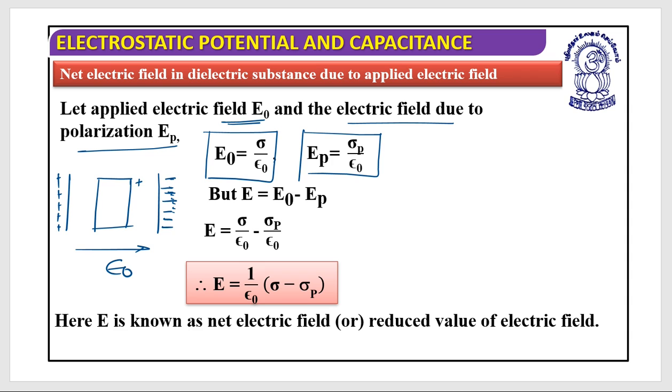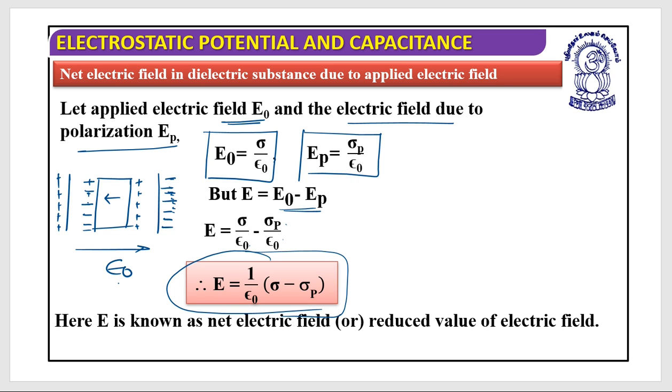The induced dipole moment would be in this direction. As these two have different directions, I need to subtract the electric fields because it is a vector quantity. So E is equal to sigma by epsilon naught minus sigma p by epsilon naught, and the net electric field will be something like this.